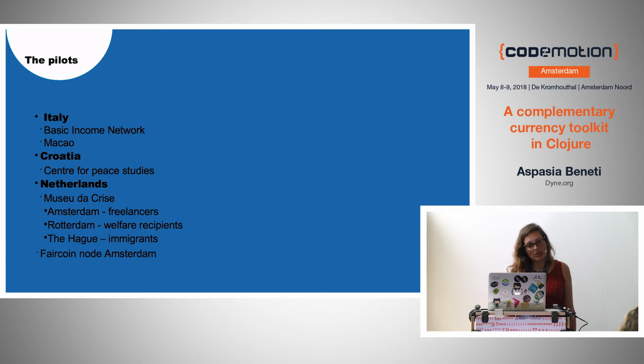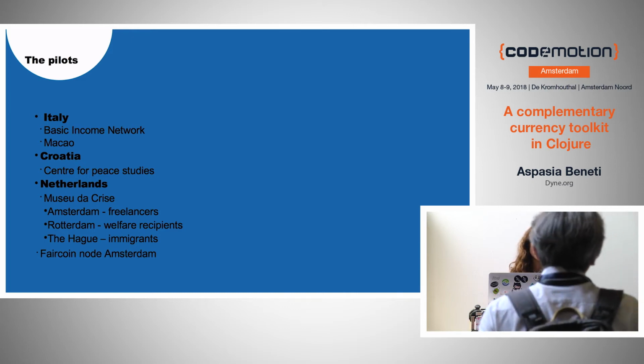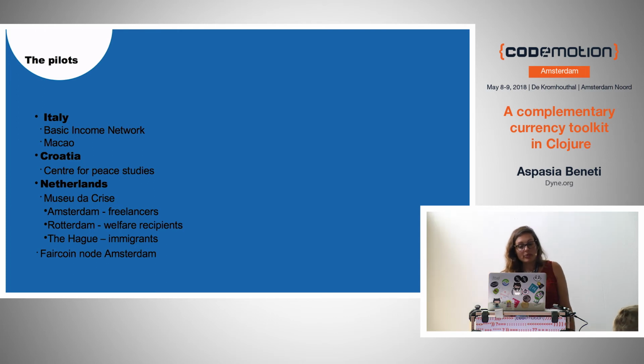And in the Netherlands, Museo de Crise has three pilot projects, three communities: in Amsterdam, the freelancers, who are the typical precarious workers; in Rotterdam, the welfare recipients, people who for some reason cannot work and receive benefits from the government; and in The Hague, immigrants, where there is a big network of immigrants. And also the Freecoin node, which is another cryptocurrency that I will explain to you later, and we have the local node here in Amsterdam.